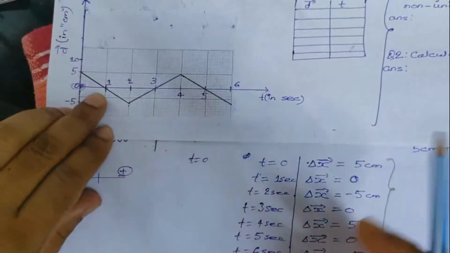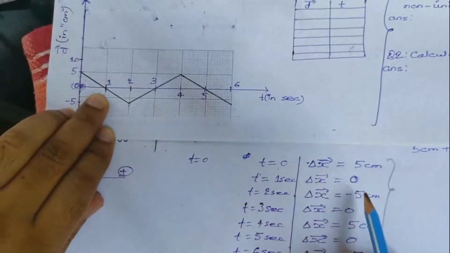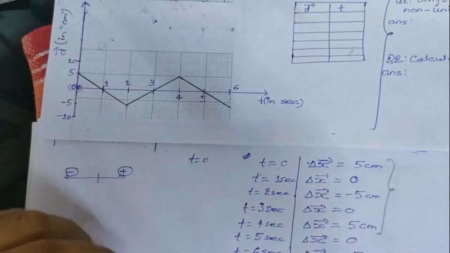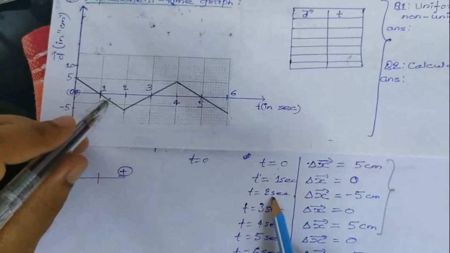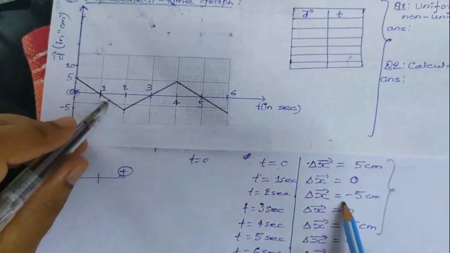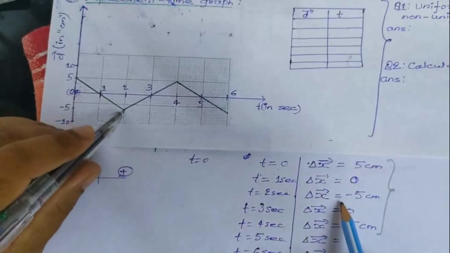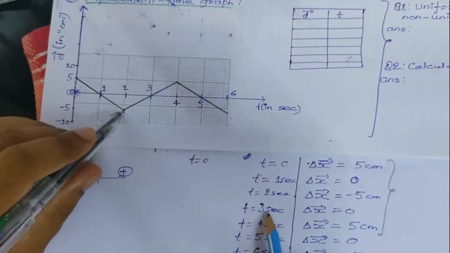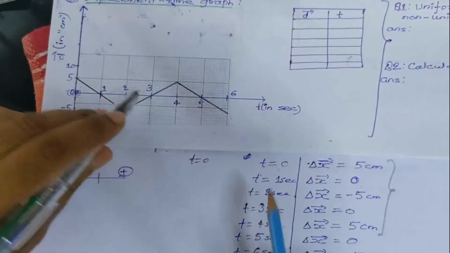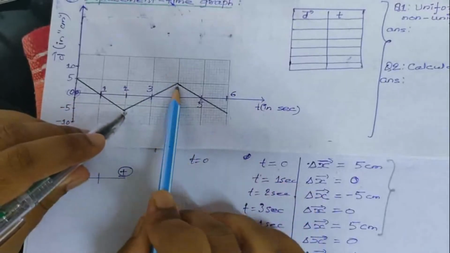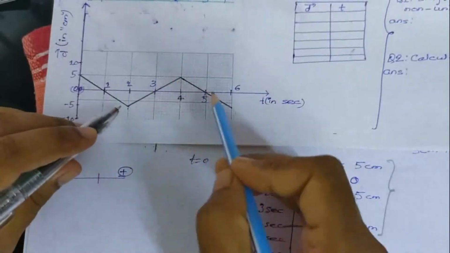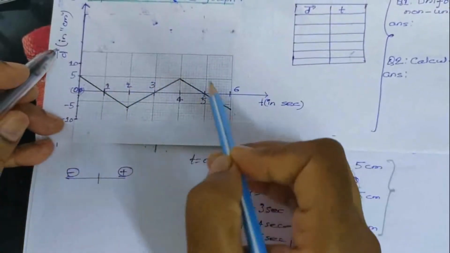T equal to 1 second, displacement is 0, absolutely fine. At t equal to 2 second, the displacement is minus 5 centimeter. Third second, it is again 0. Fourth second, plus 5 centimeter. See, fine. And this is the repetition.